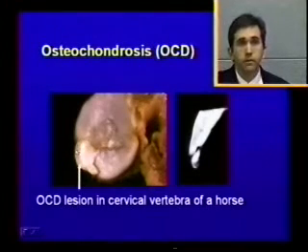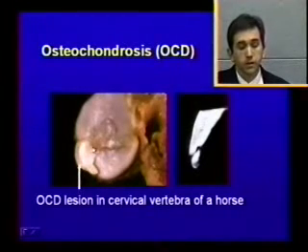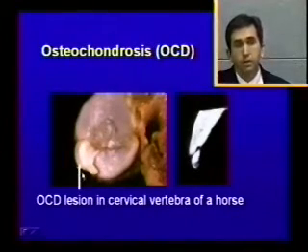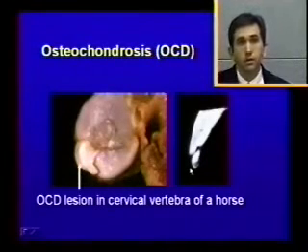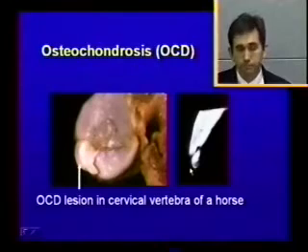And it's this white area present on the articular face of this joint that could potentially become detached and then cause severe arthritis. And this radiograph shows the separation of this area of bone from the rest of the articular facet.